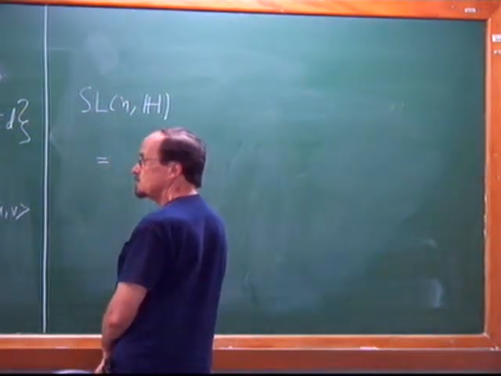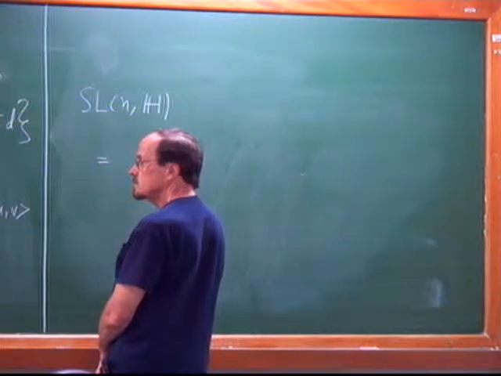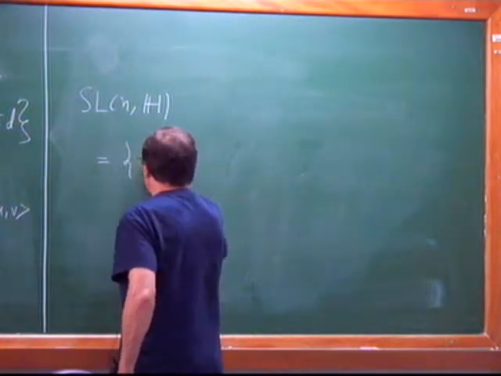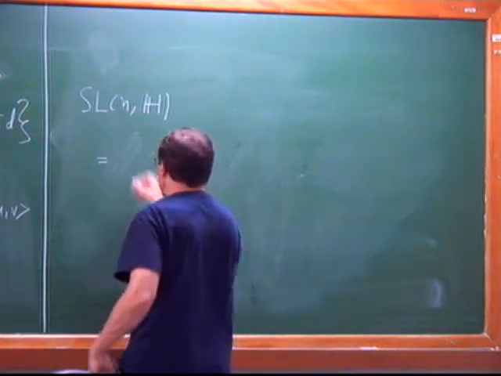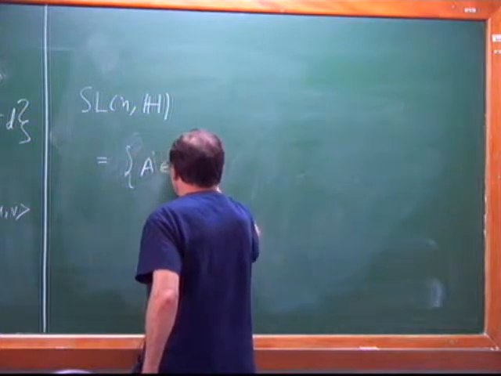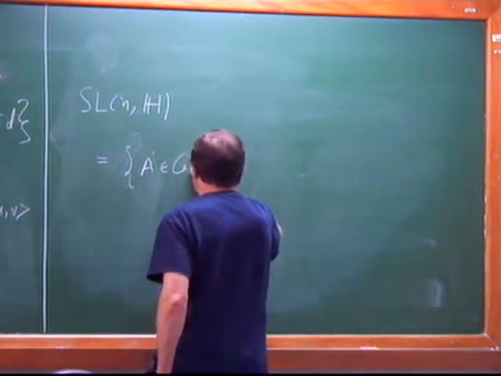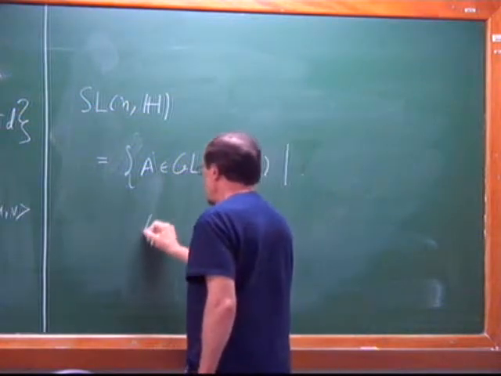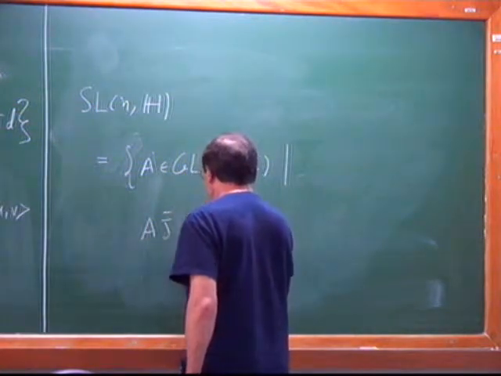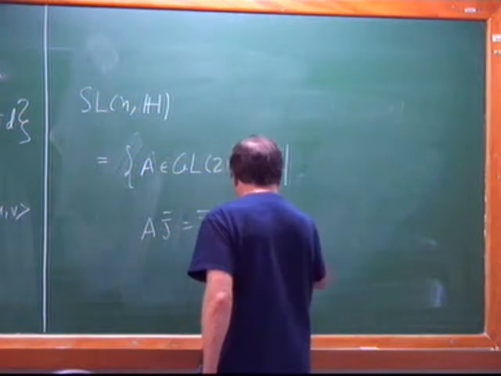So take A in GL n H, so the property, it's linear over the quaternions, that determinant of A is equal to 1.